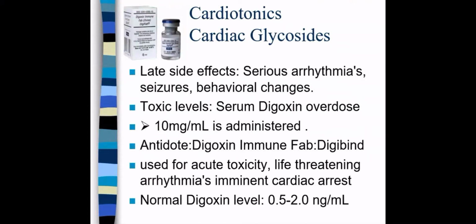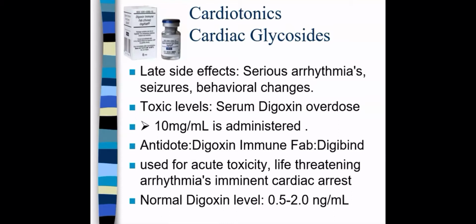The late side effects that people may have with digoxin or Lanoxin, again, are a serious arrhythmia, a serious irregular heart rate, or a slowing of the heart rate. They can have seizures, and they can have behavioral changes. They can be forgetful. They can sometimes be belligerent.